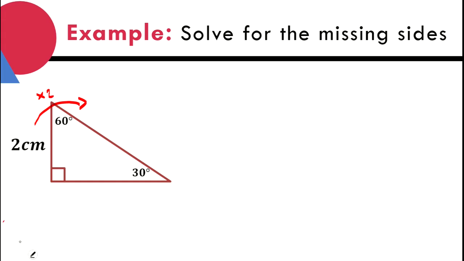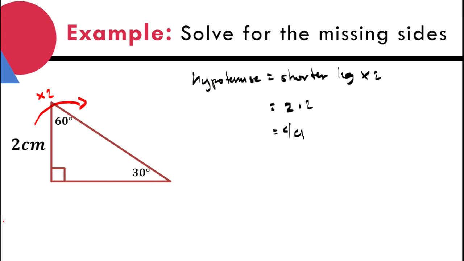So hypotenuse is equal to shorter leg times 2. Shorter leg is 2 centimeters times 2. Hypotenuse is 4 centimeters.